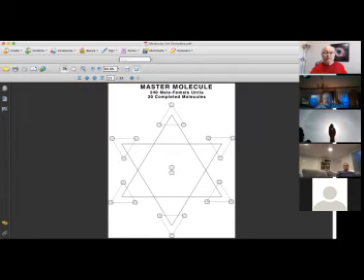Now the next step is creating what we call a master molecule. This consists of 20 completed molecules, or 240 units, 480 people, plus associates. So this is a diagram of just representing how that works.